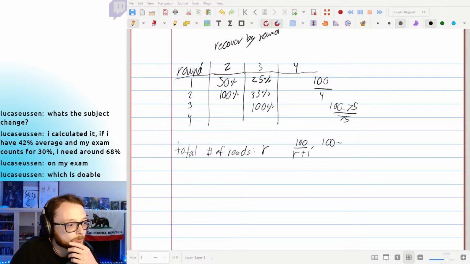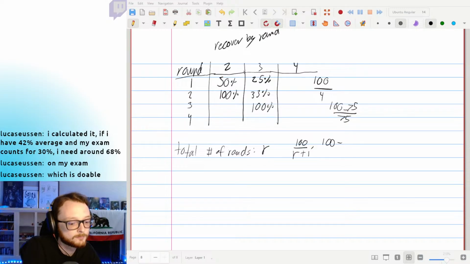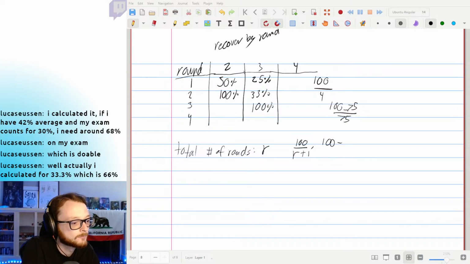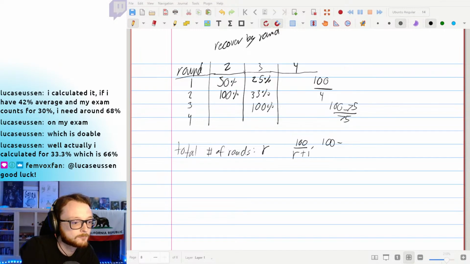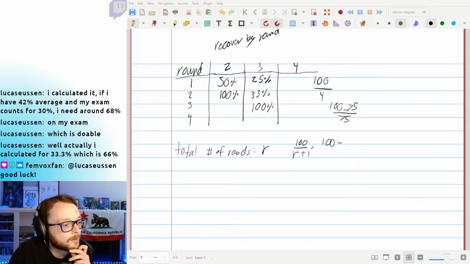A friend did ask for me to think about a problem, and I want to at least spend a little bit of time thinking about it. Let me see if I can summarize what the question was.